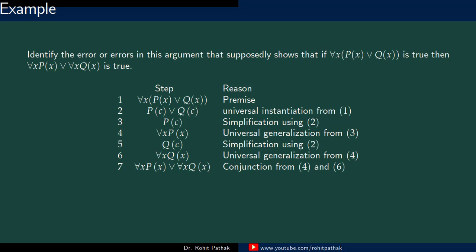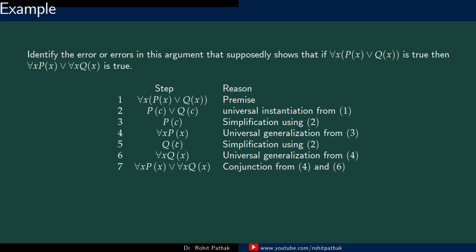Simplification using 2. Here we have an error, because simplification is not applicable to disjunction, simplification is applicable to conjunction only. So Pc and Qc implies Pc, not Pc or Qc implies Pc. So the first error is here.